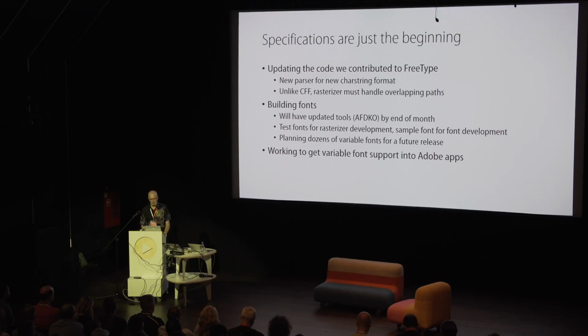And that is in part because certain rasterizers at particular sizes were not set up to handle overlapping paths or self-intersecting paths. But in order for the interpolation to keep working well, the rasterizers have to change. So we're changing the CFF rasterization to handle this stuff.